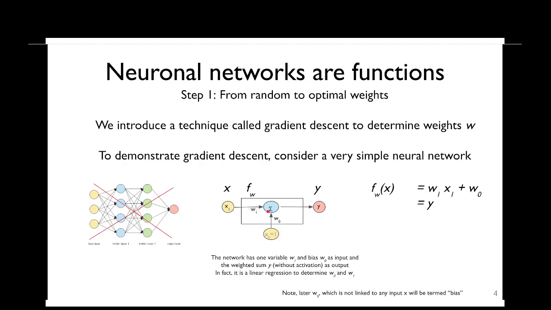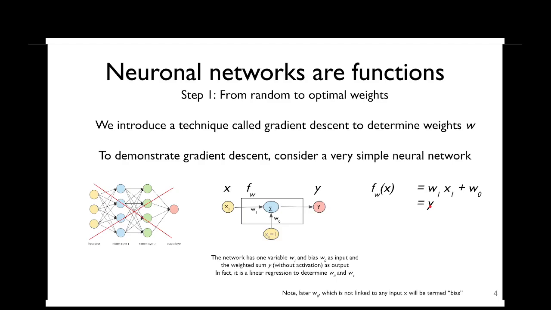And then the sum is computed, and we don't even have an activation function after computing the sum of those 2. We have our value y as output. So essentially, we have a very simple linear function, f_w of x equals w1 times x1 plus w0, and that equals y.